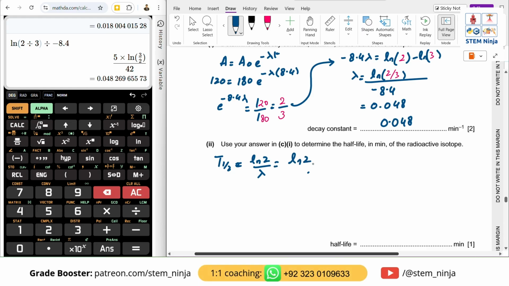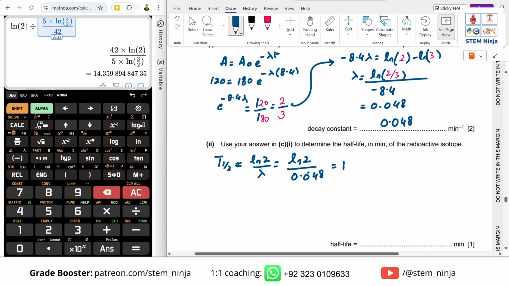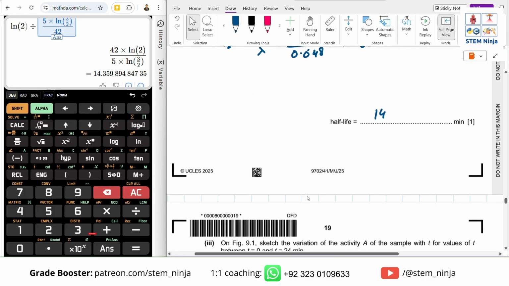So ln 2 divided by the decay constant 0.048, we get 14.36. So roughly you could say 14 minutes, to 2 significant figures.